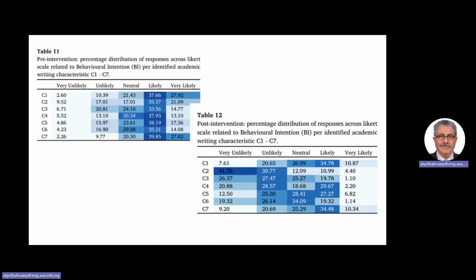Therefore, for example, percentage in Table 11, most of the students are likely, because column number 5 is darker than the rest of the columns, and a similar indication is shown in Table 12.